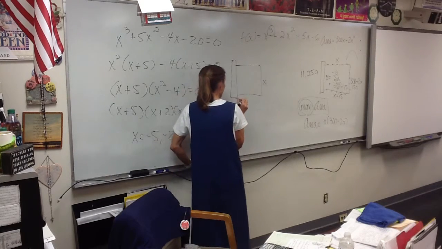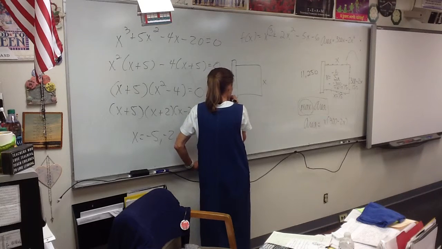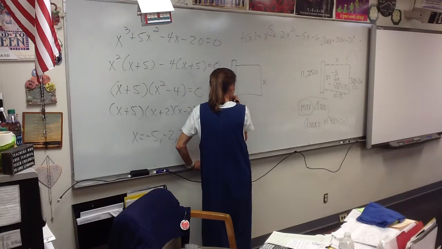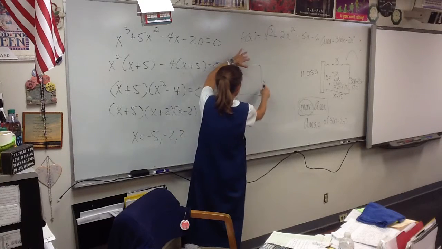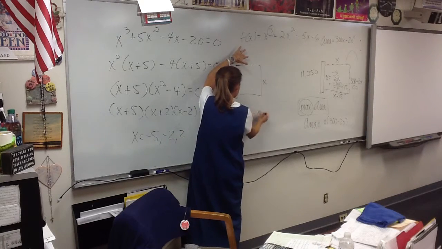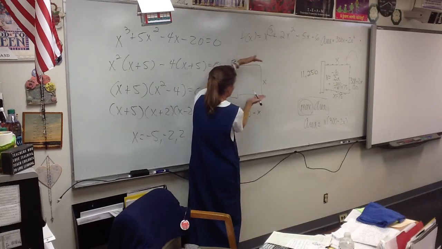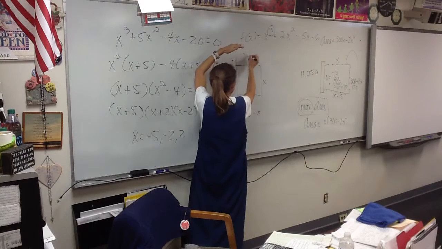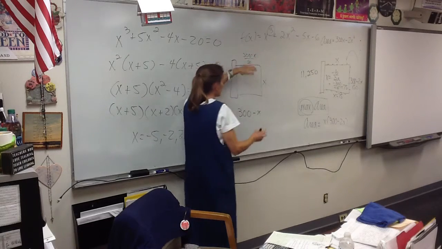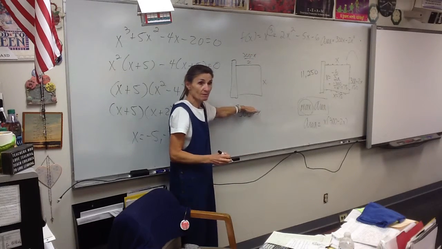Okay, now be careful. If that's x, then this is how much I have left to do the rest, right? But I'd have to divide that by 2 because I need a piece of it up here and a piece of it down here.